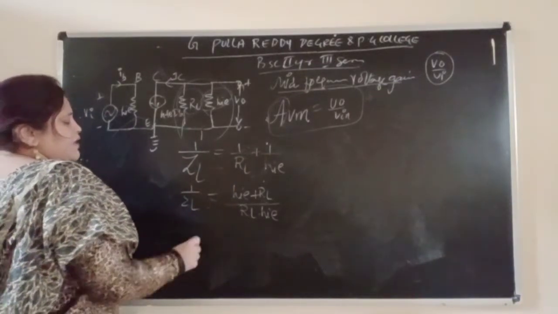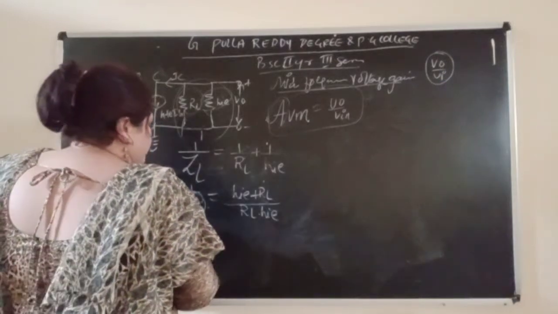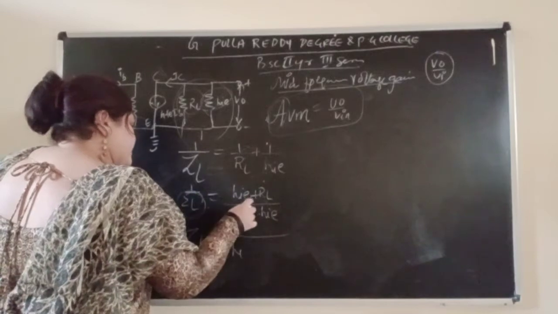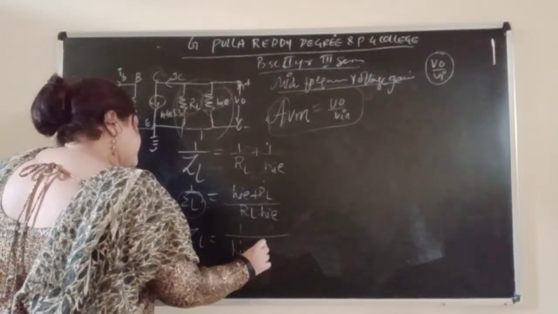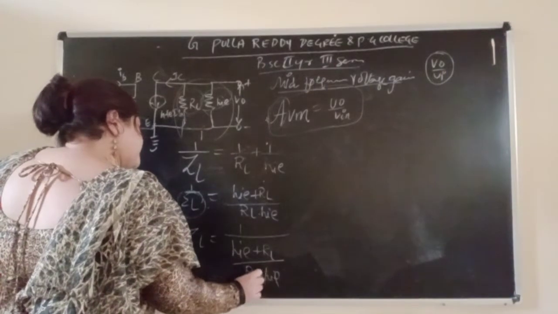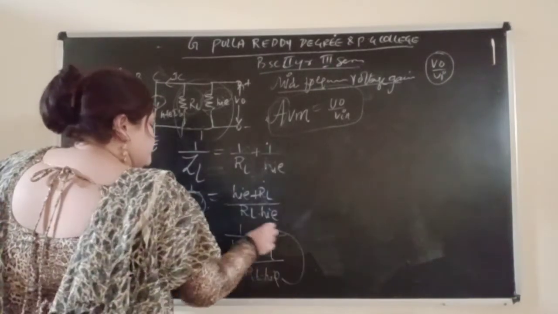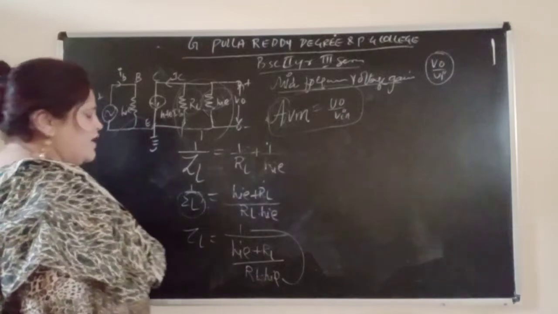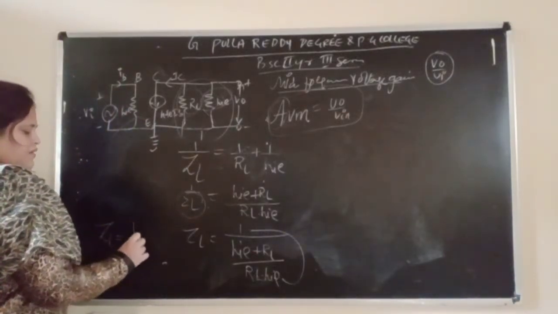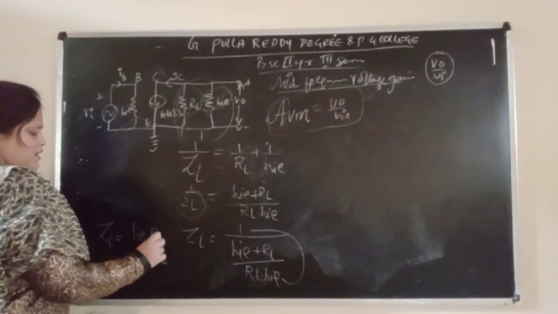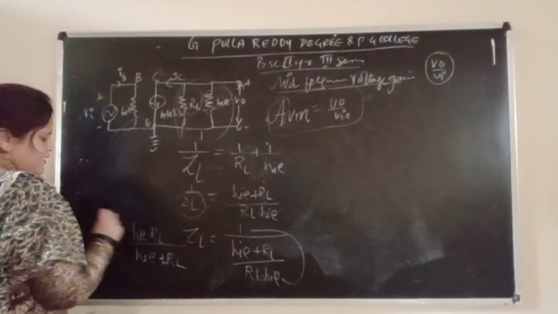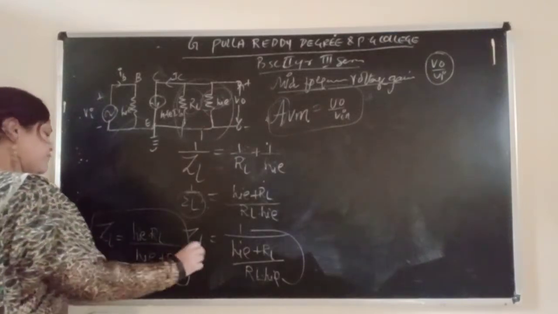This is 1 by ZL. Now I want only ZL, so ZL equals 1 by this, and bringing it up, HIE into RL by HIE plus RL. Finally ZL is equal to HIE into RL by HIE plus RL, equation 1.